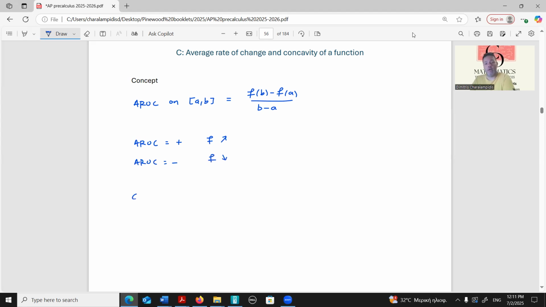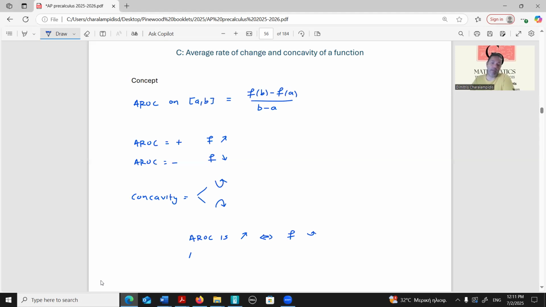Now, if we remember that concavity splits in concave up and concave down, we should know from now on that the average rate of change is increasing if and only if the graph of the function itself is concave up.